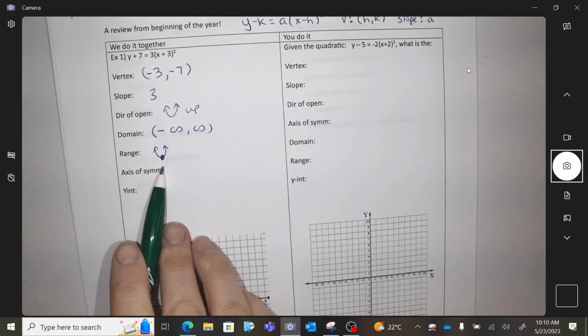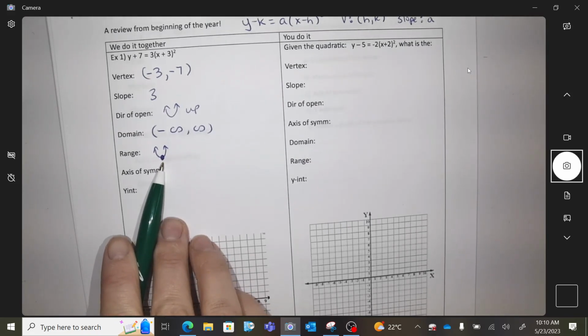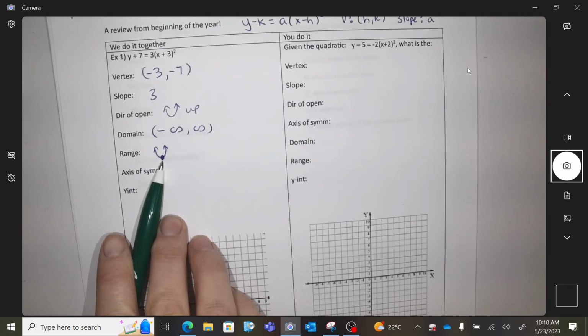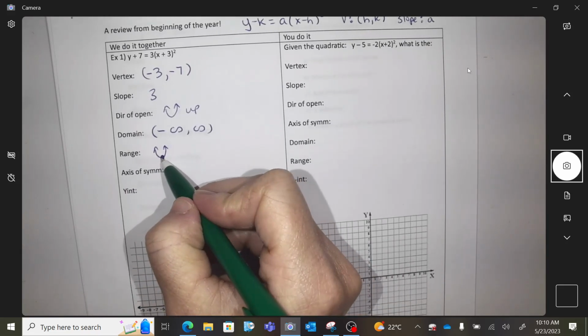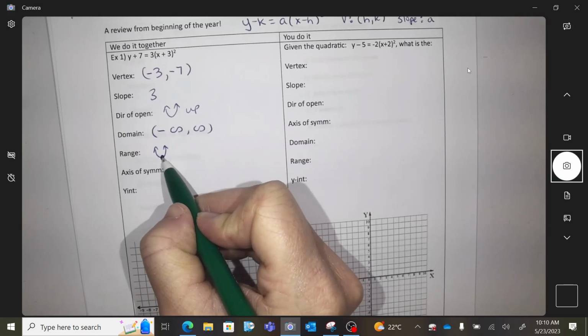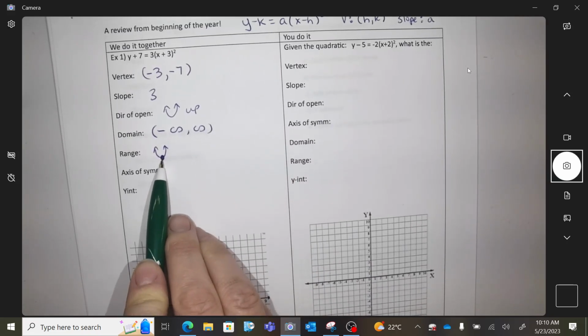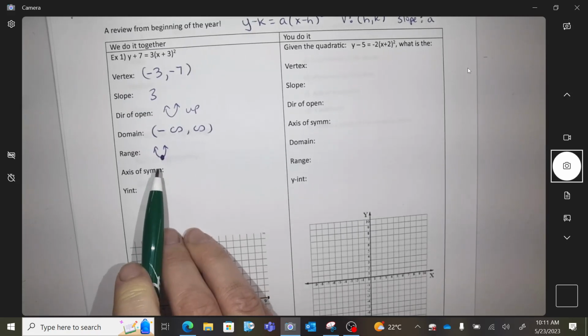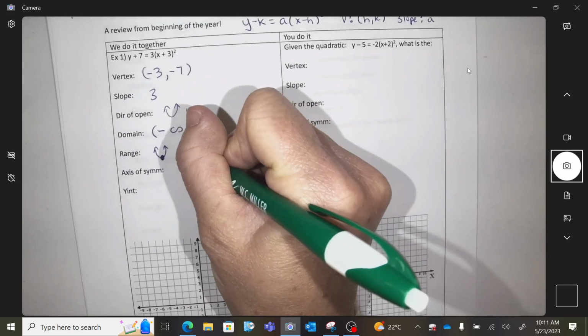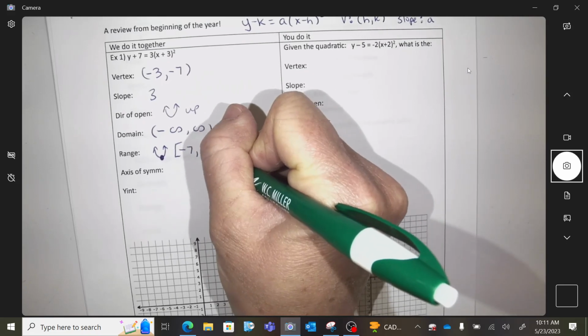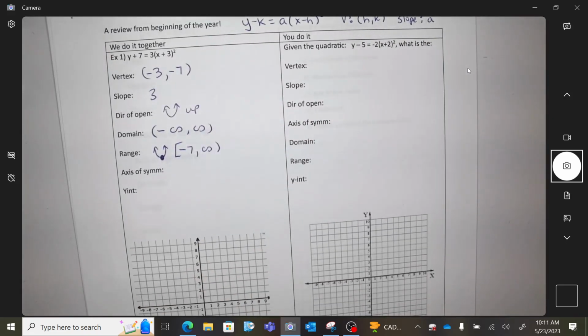So where do I get this low number from? What is this point called? The vertex. So what height is that vertex sitting at? We already have it. -7 to infinity because it goes up.